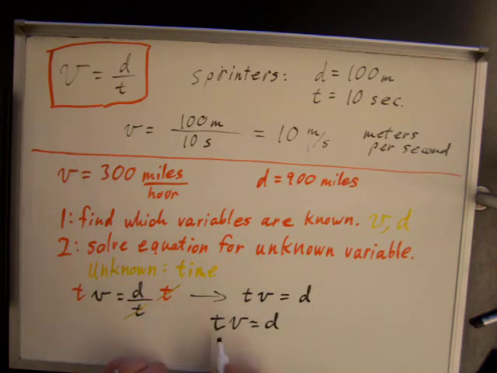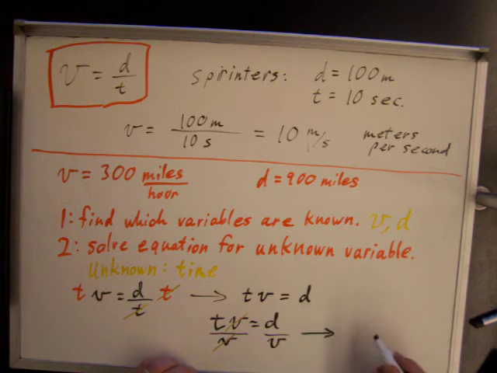I'm going to divide the left-hand side by v, and I'll also divide the right-hand side by v. Whatever I do to the left, I have to do the same thing to the right. Now, if you look at the v, there's a v on the top and v on the bottom, so I can cancel those out. And I have a new equation, which says t equals d over v.